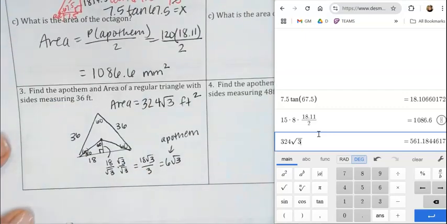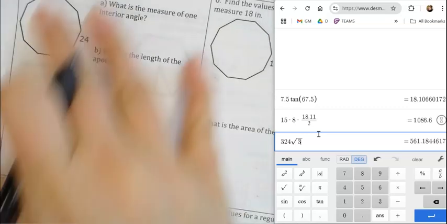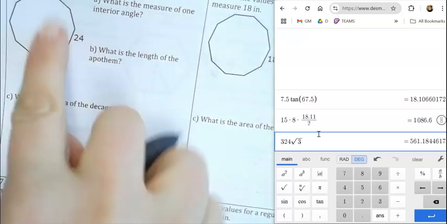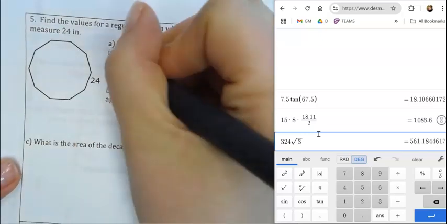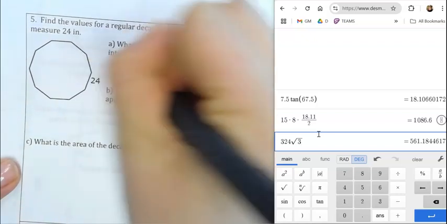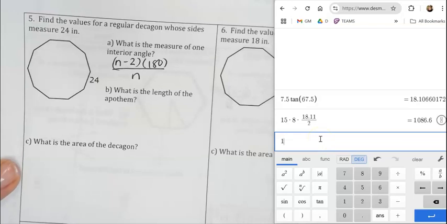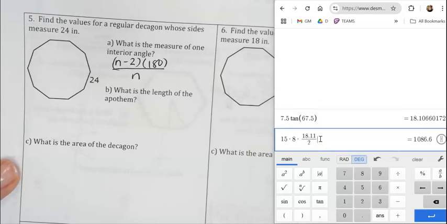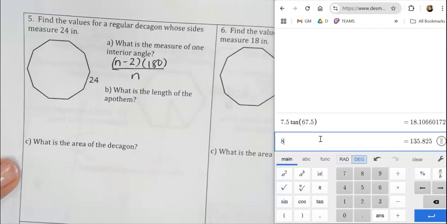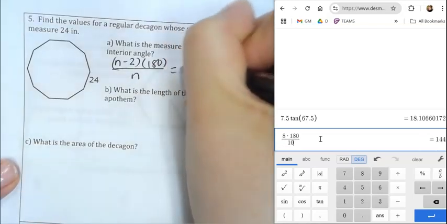All right. So hopefully that helps clarify some things, but make sure that when we're setting these up, we are figuring out our angle using our formula. So here we would have 10 sides, so 8 times 180 over 10, and we get 144.